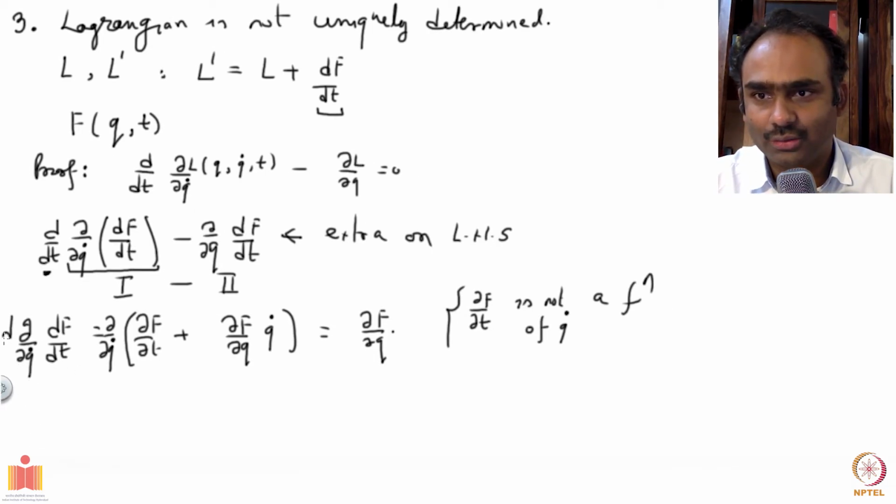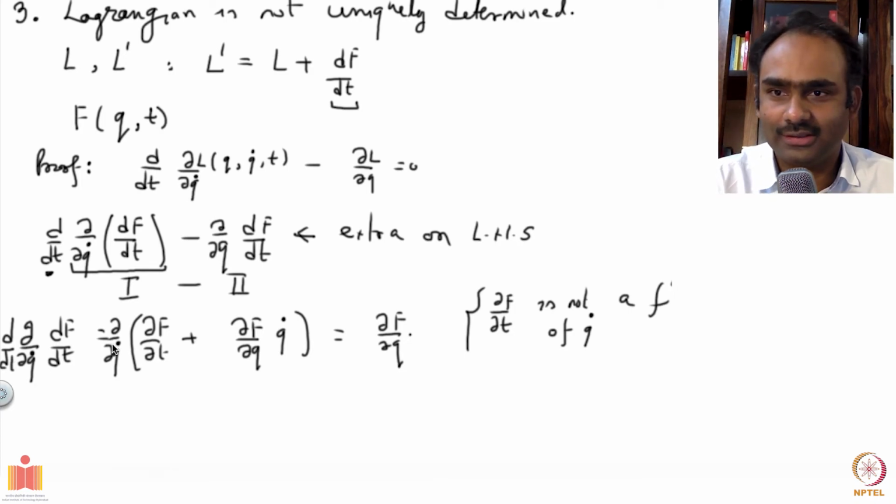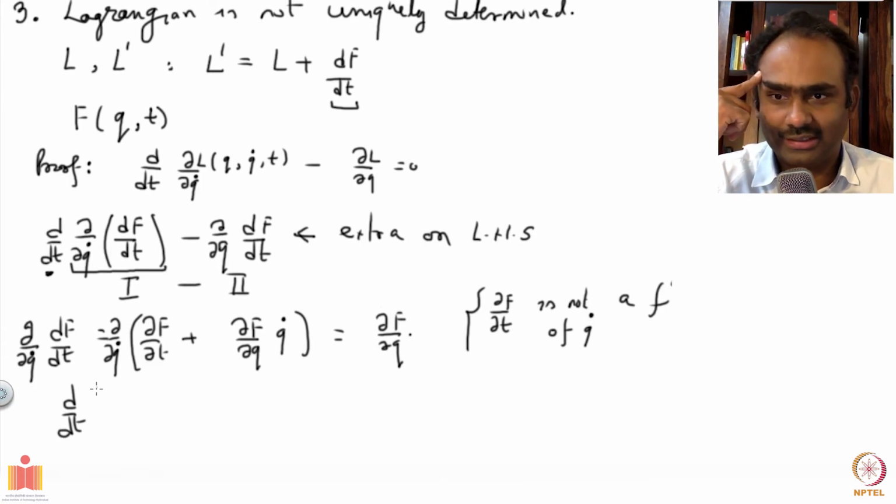So I take d over dt, which will become a total time derivative acting on del f over del q. This will be your term number 1.